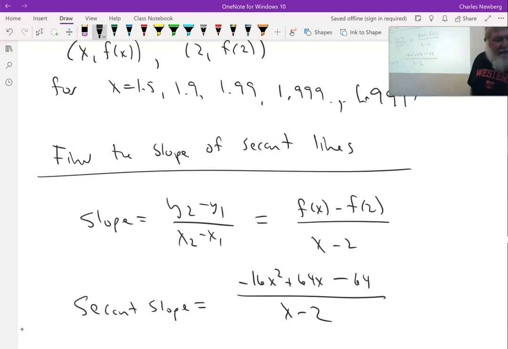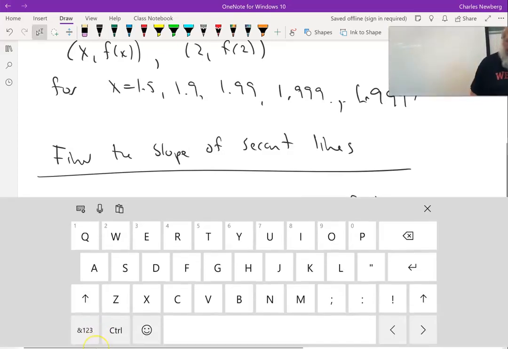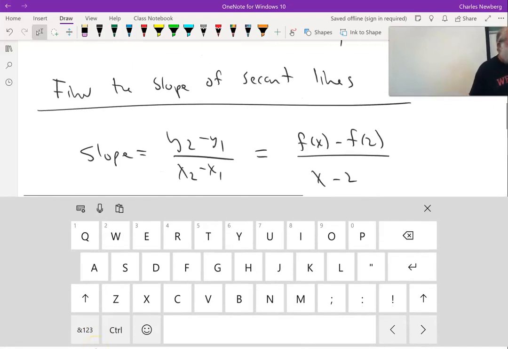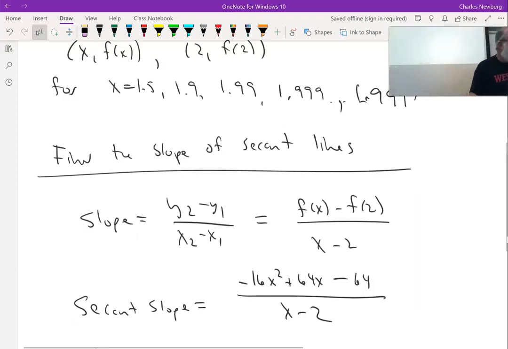And I'm going to build my table on these little TI-34s. Let me get out my TI-30. And let me just reset my calculator real quick, just because sometimes I got a lot of stuff on it. Okay, so I'm going to go to my table.